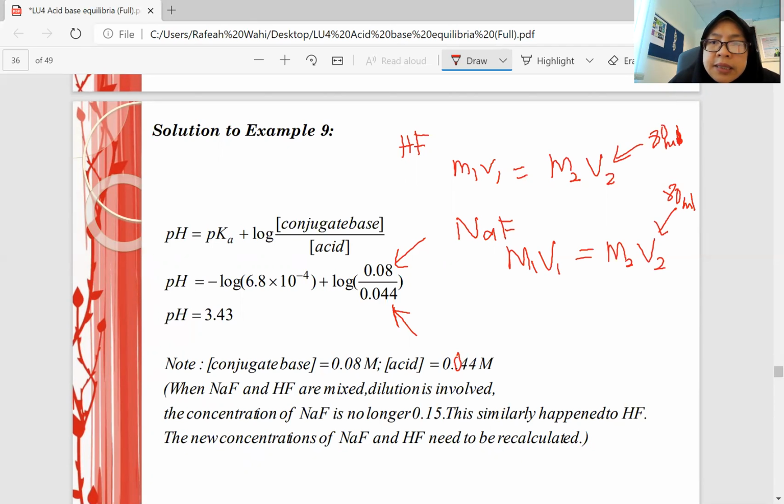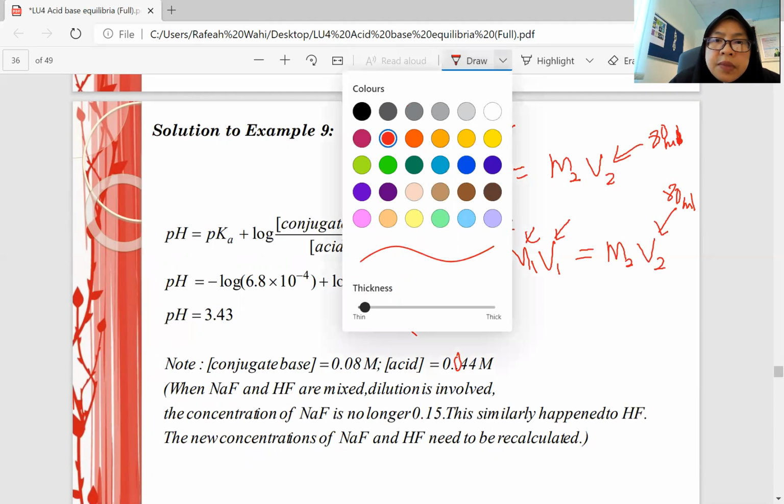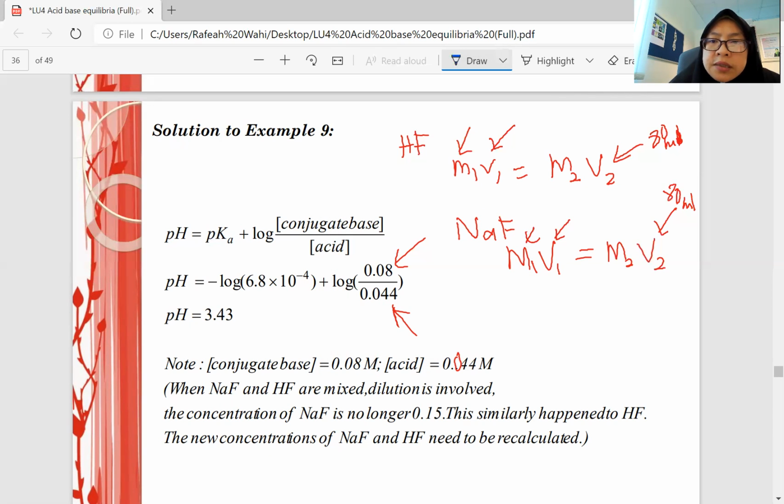But this one is the original volume, this one is the original concentration. You want to find the resulting concentration. This is what you want to find, the concentration of both species in the buffer solution. Okay, that's how you get this number 0.08 and 0.04.